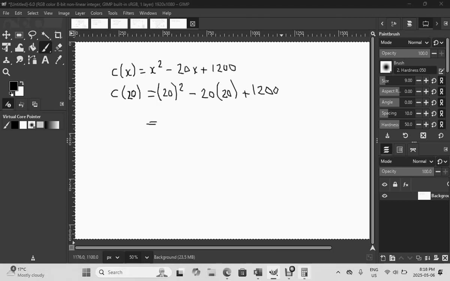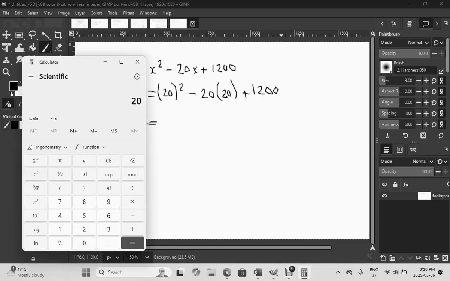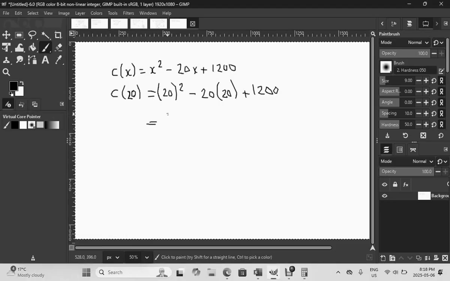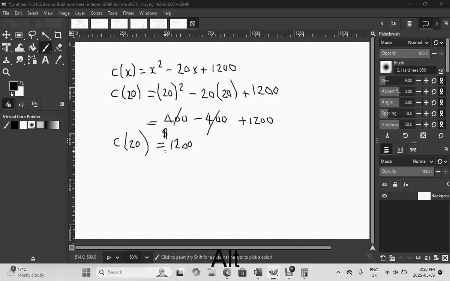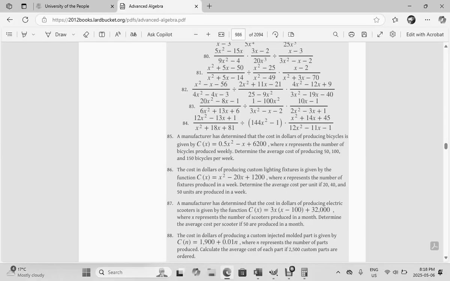So this will be 20 squared, which is 400, minus 400 over here as well, plus 1,200. So this will be $1,200 to produce 20 lighting fixtures.